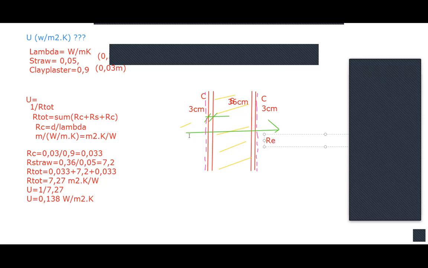And I should add this into my calculation of R total.